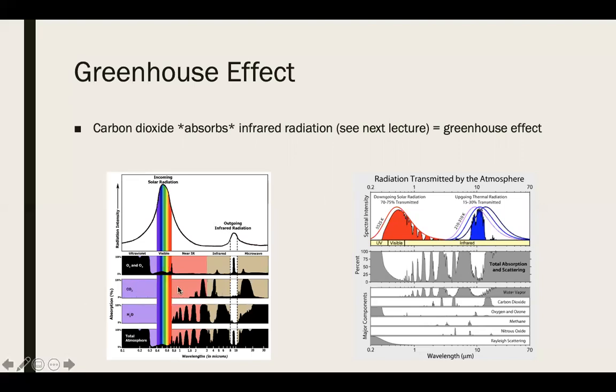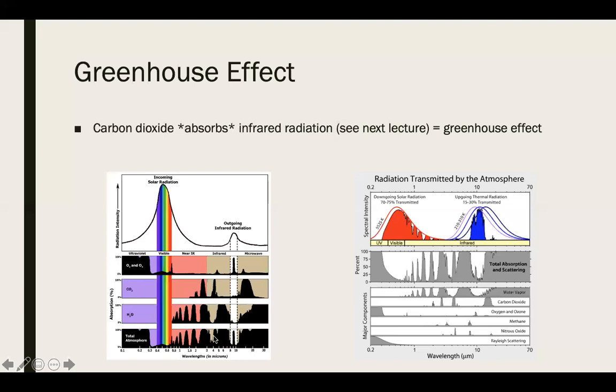Carbon dioxide doesn't intercept anything less than like 1.5 microns, which is where we start to get into infrared radiation. But once we do get into infrared radiation, you can see that the combination of carbon dioxide and water vapor, which is also a greenhouse gas, and others in the atmosphere are really good at absorbing the outgoing infrared radiation, except for this one narrow band here where some of it gets through.